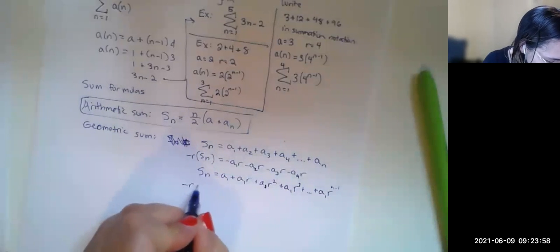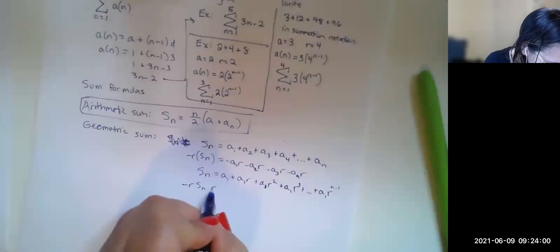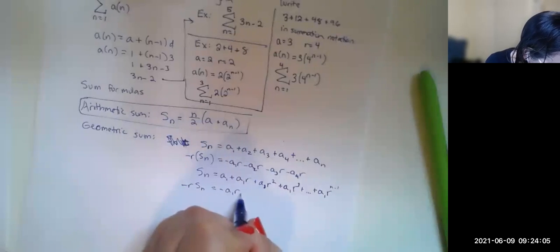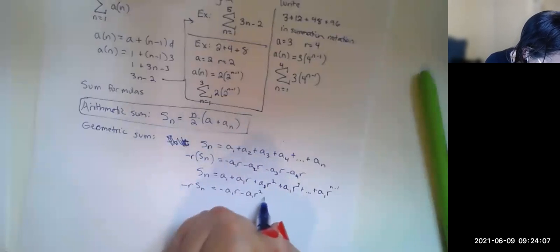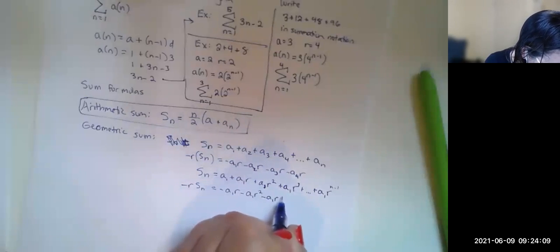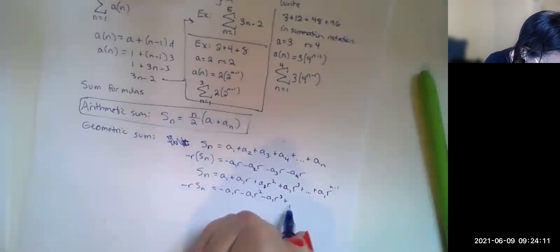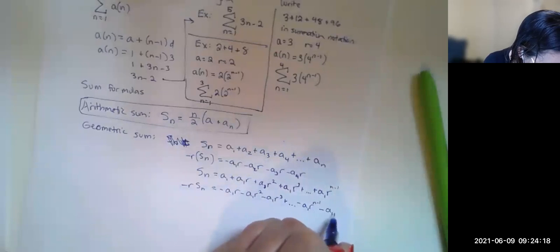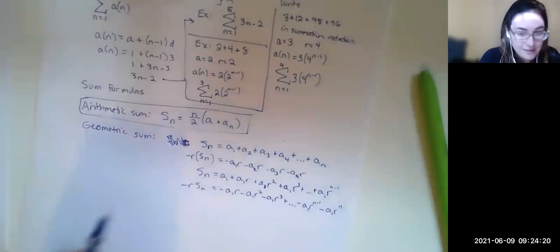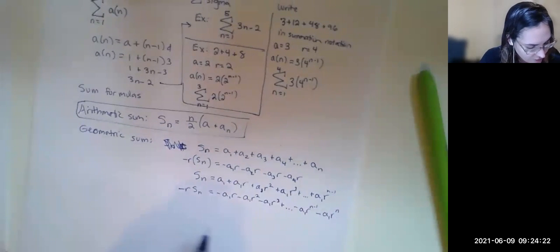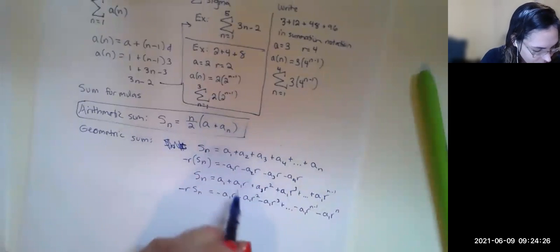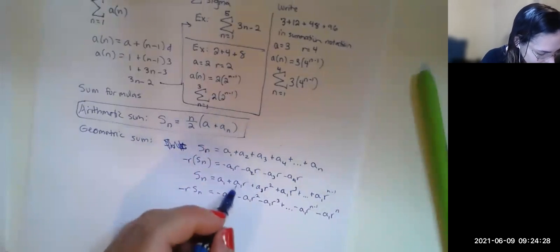So then let's take the negative r S of n formula, right? So that's going to be negative a1 times r, minus a1 times r squared, minus a1 times r cubed, and so forth, until we have minus a1 times r to the n minus 1, minus a1 times r to the n. And what mathematicians figured out is that once you get to these two equations, basically everything starts canceling, right?